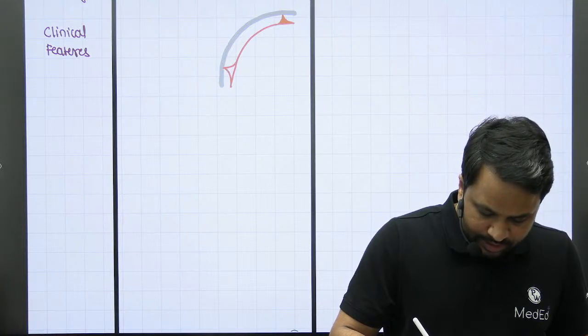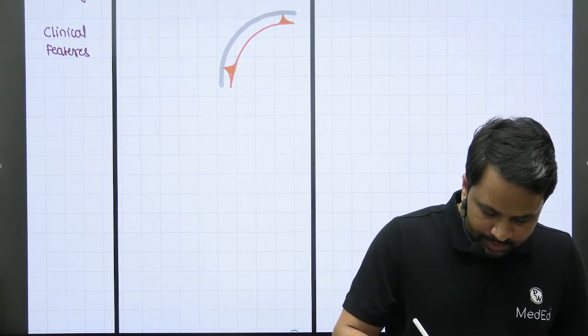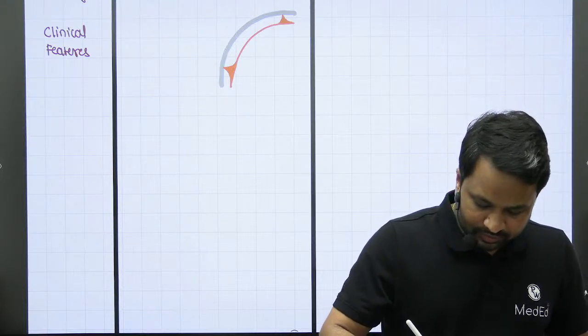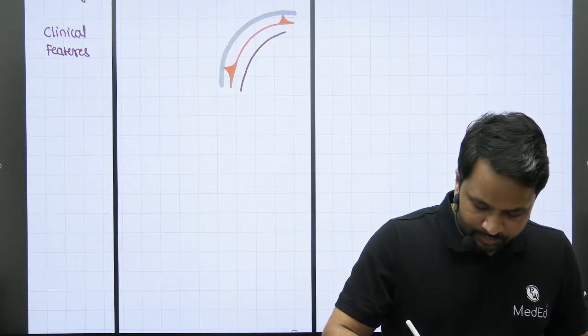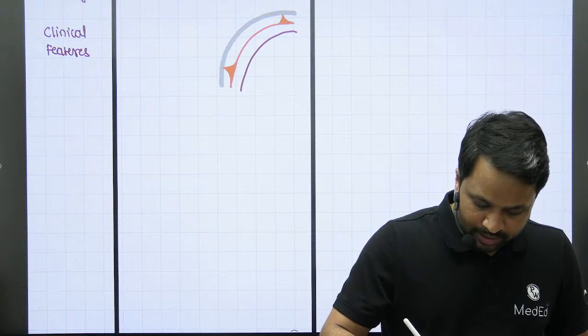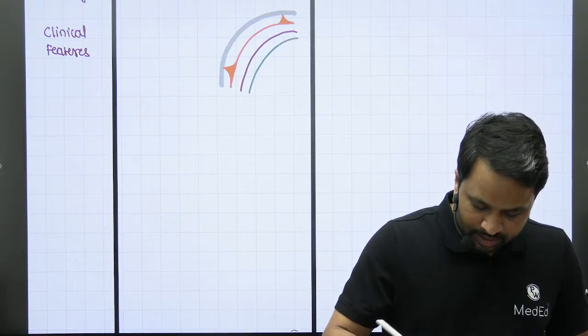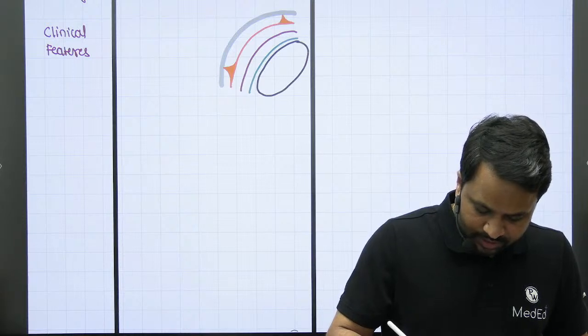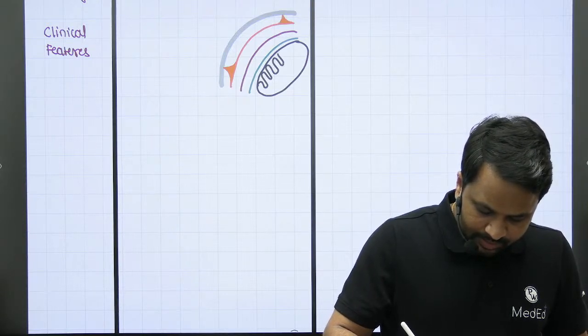Below the dura, I have the arachnoid membrane. Below the arachnoid membrane, I have the pia mater. And below the pia mater, I have the brain parenchyma.